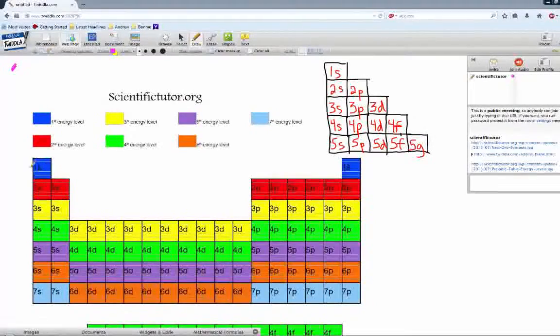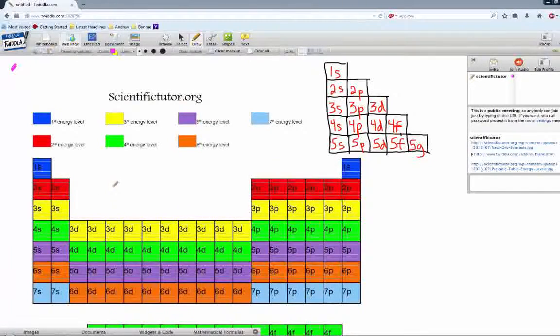So the 1 in the 1s here means that this first set of s orbitals is closer to the nucleus than the second set. So the 1s is closer to the nucleus than the 2s. Otherwise, if they were all labeled s orbitals, then we couldn't distinguish between which one is closest to the nucleus. That's the first thing that energy levels allow you to do.